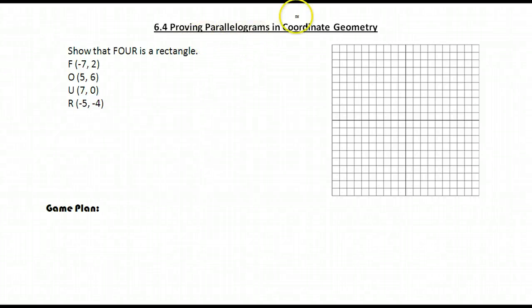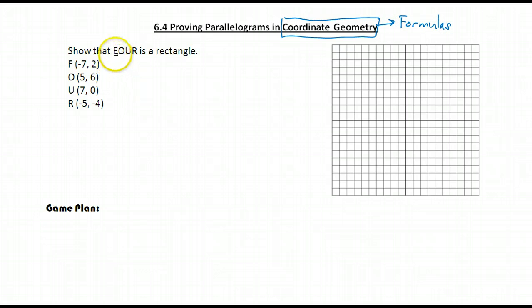In order to prove parallelograms in coordinate geometry, we need to use formulas. If we want to show that FOUR is a rectangle, start by plotting these 4 points.